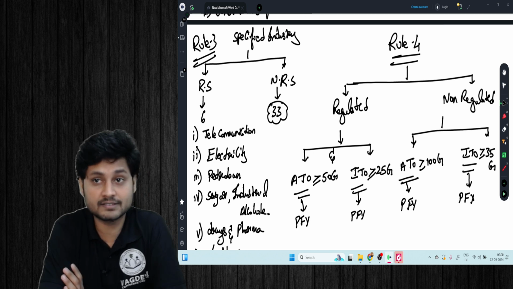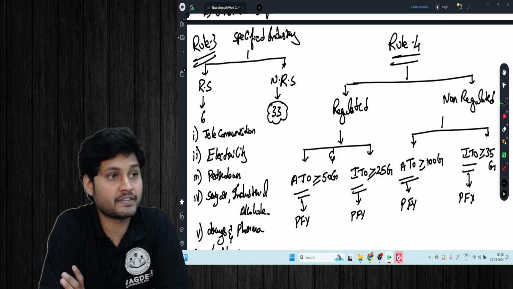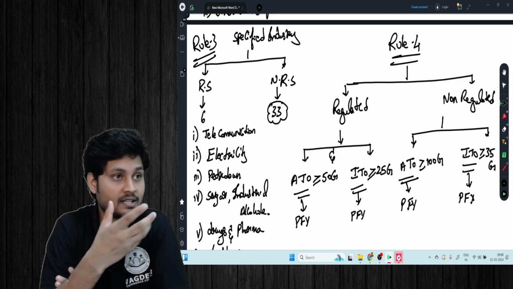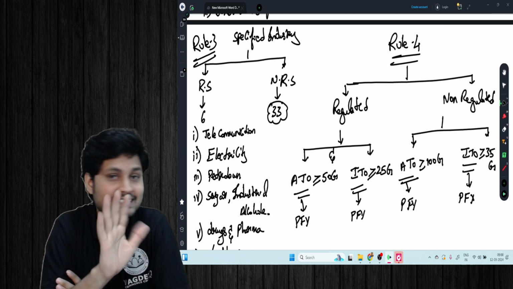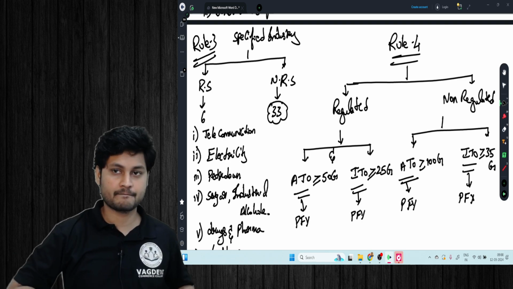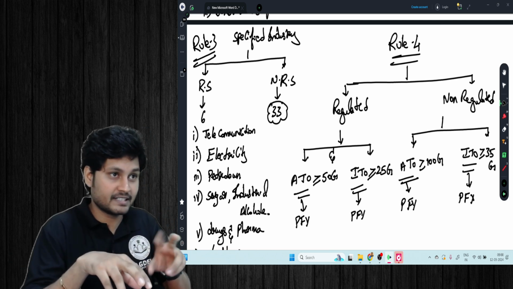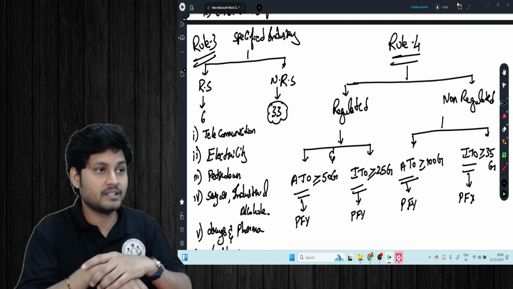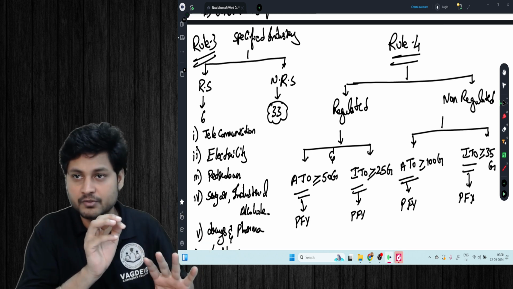My question is, do all the products individually need to cross 25 crores, or if any one product crosses 25 crores, is it sufficient? Answer is no, each product need not cross. If one product crosses 25 crores, it is sufficient.